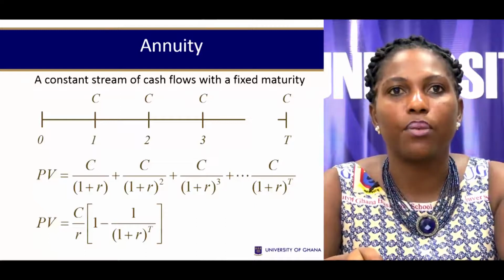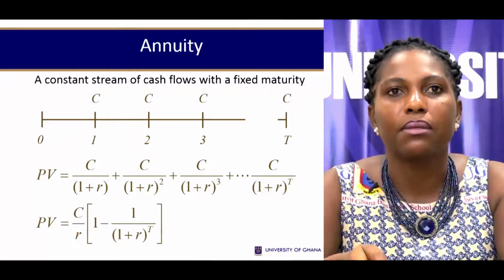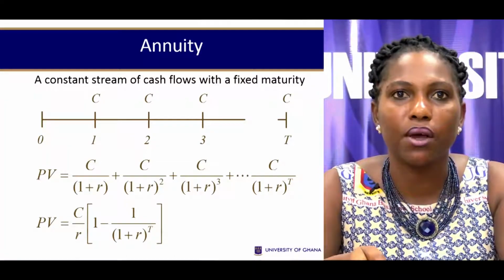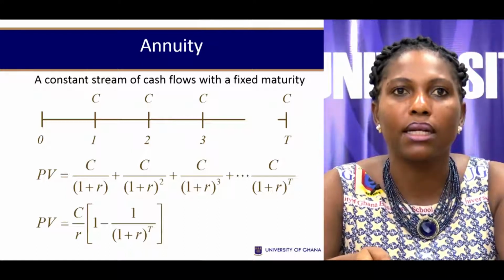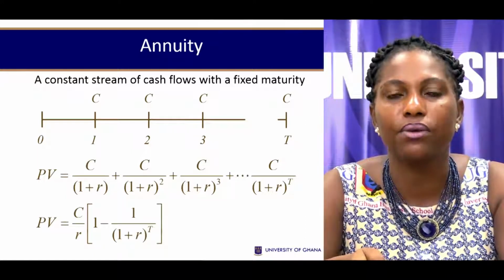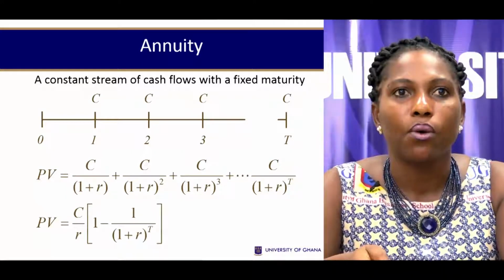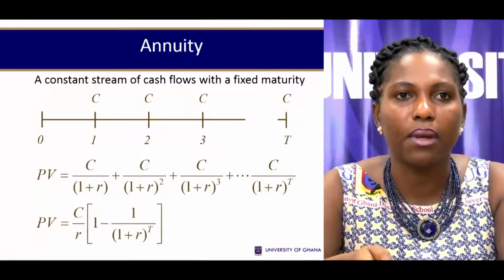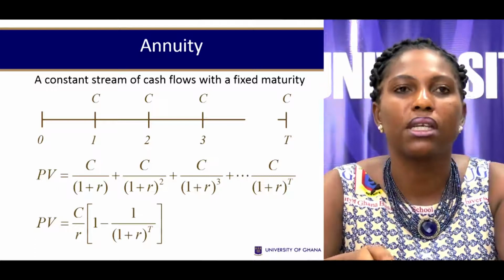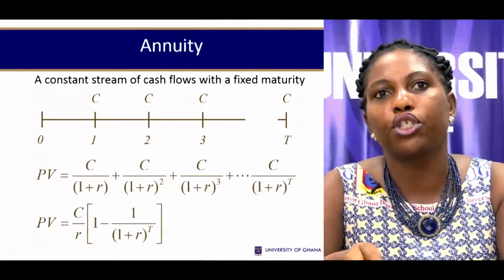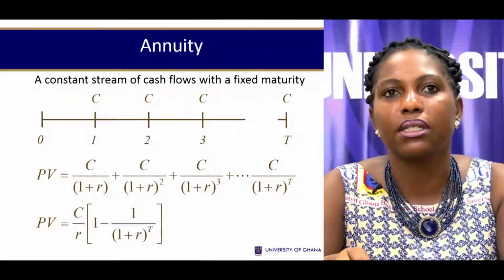So as t approaches infinity, this portion of the formula becomes negligible, because this value becomes so huge that 1 divided by this very large value gives us something like 0.0000, a negligible amount, which then negates this portion of the formula and gives us C over r, literally times 1, which is what? C over r. So the perpetuity is just an extension of the annuity formula, except that t approaches infinity.